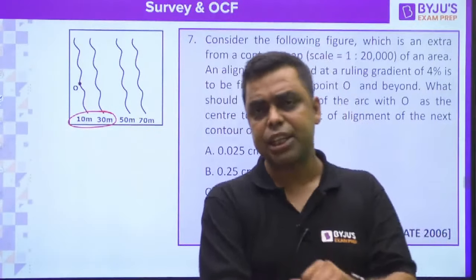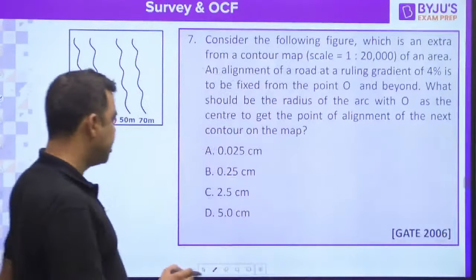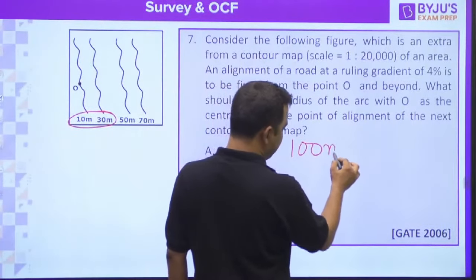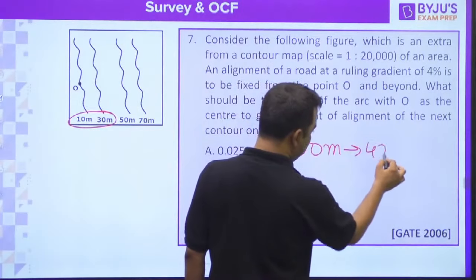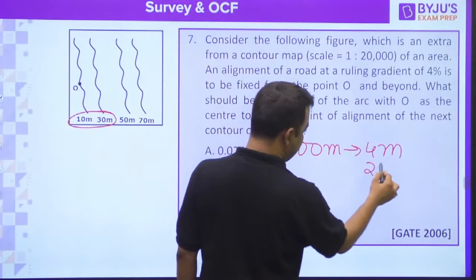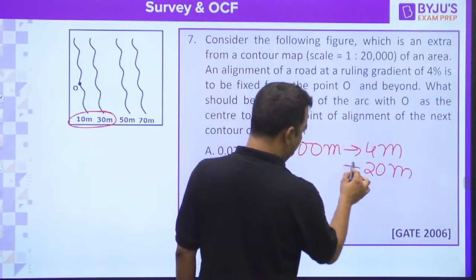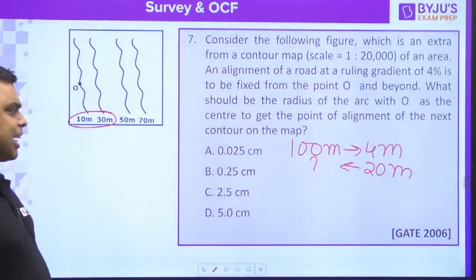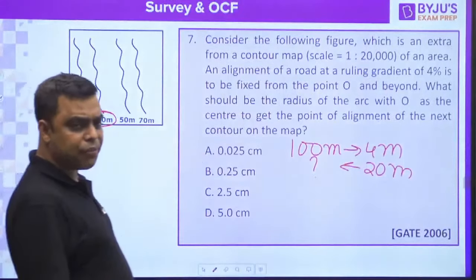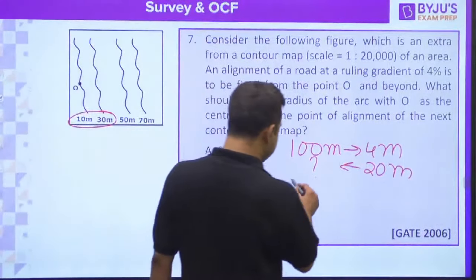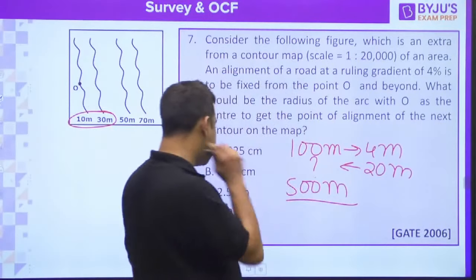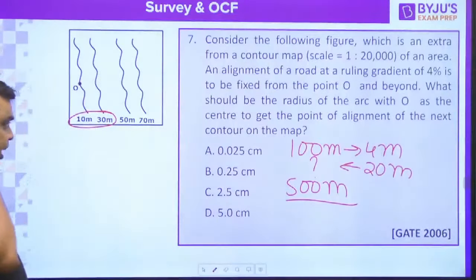The ruling gradient is 4%, so it means that in 100 meter there will be a rise of 4 meter. So if there is a rise of 20 meter, how much will be the distance? The distance will be simply 5 times, so this distance is nothing but 500 meter, right?